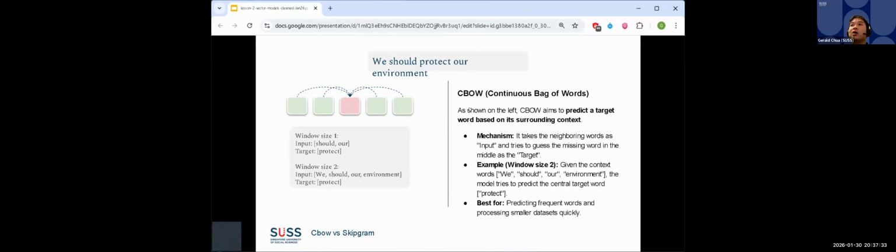You have this in your slide deck. These are the two other ways that words are measured based on the context around them. Let's look at the first one, CBOW, the one on the left. The continuous bag of words predicts a target word based on its surrounding context. The foundation of that word embedding is that if you're trying to predict the red word down here, it will check the neighboring words.